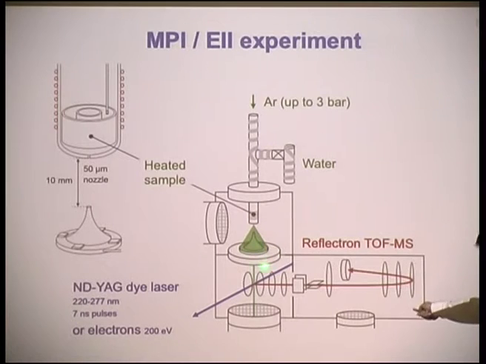We skim off this beam of either isolated molecules or a combination of isolated molecules and clusters to produce our target beam, which we then cross either with nanosecond time scale laser pulses in the UV, or with a beam of electrons of several eV. Any ions that we produce, we analyze in a time-of-flight mass spectrometer. This has to be a reflectron type, and that gives us some additional tools as well as higher resolution. I'll talk about that a little bit later.